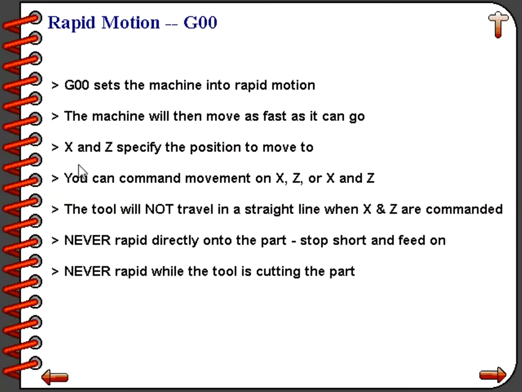X would be which diameter, and Z would be what position along the Z-axis to move to. You can command movement on X, Z, or X and Z. The tool will not travel in a straight line when X and Z are commanded.